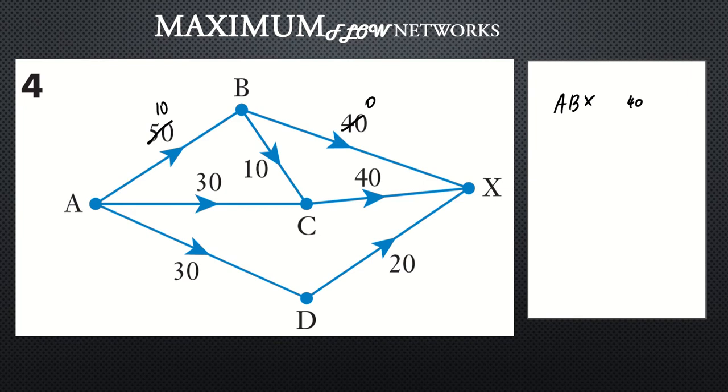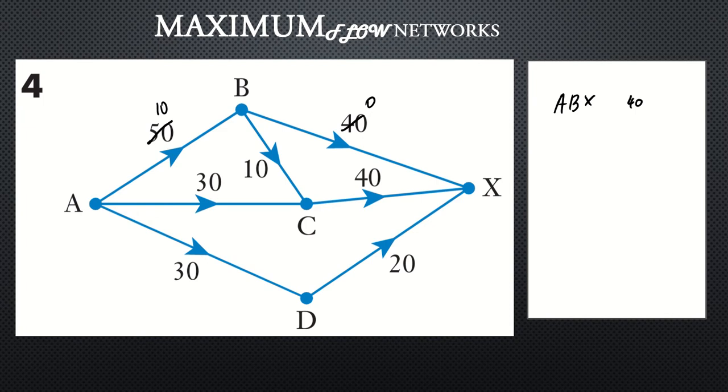Okay, so for each of the routes that you pick, you need to subtract the smallest number off of all of them, because if we were to send water in here, this would be at max capacity, and this one would have 10 units that could also still flow in there.